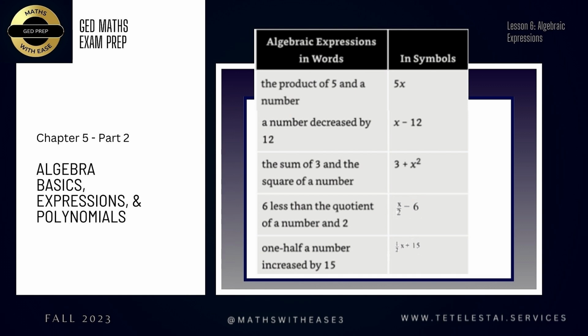Or we can just simply rewrite the expression as x minus 12. The sum of 3 and the square of a number can be written as 3 plus x squared.